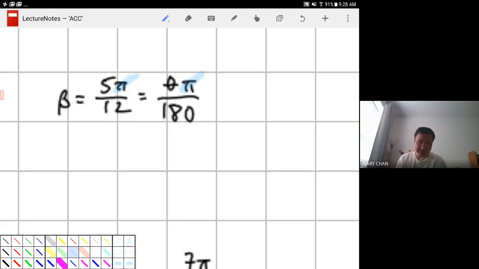Okay. And then yes, let's cross multiply like what Michael and Emmett are saying. I'm just going to multiply the 180 over to the other side. I'm not going to multiply the right hand side by 12. So I'm going to end up with 180 times 5 over 12 is equal to theta.